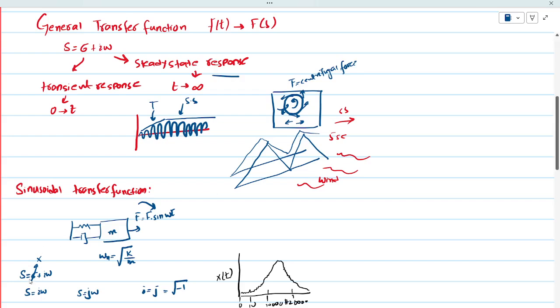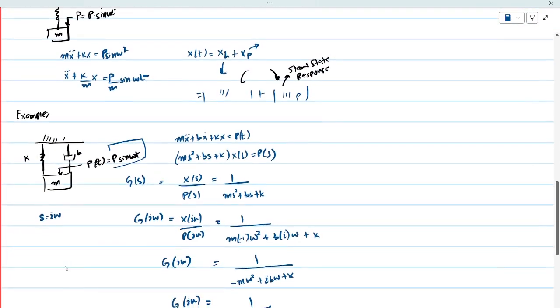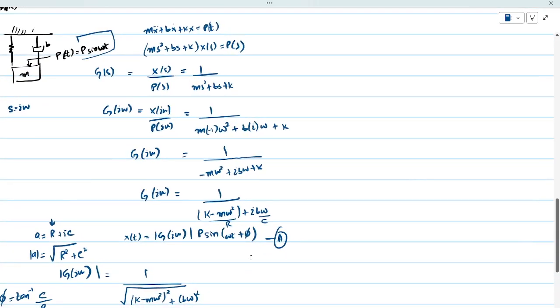So s equals sigma plus iota omega. We are not interested in the sigma, which is actually the transient part of the solution. We are interested only in iota omega, which tells us about the steady state part of the solution. The rest is simple mathematical simplification because iota square equals minus 1.